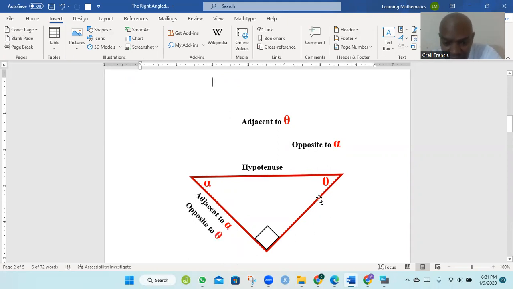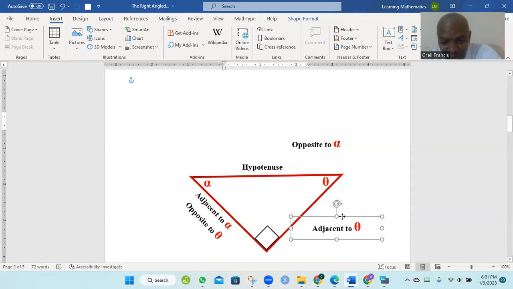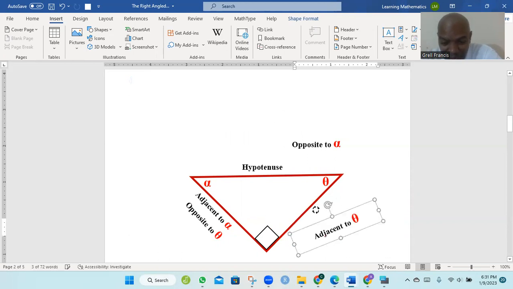Now let's come to this right side here, connecting 90 degrees to theta. We are left with the two names: adjacent to theta, because it is next to theta, and opposite to alpha, because it is away from alpha. It's a giveaway because the two other options are here.